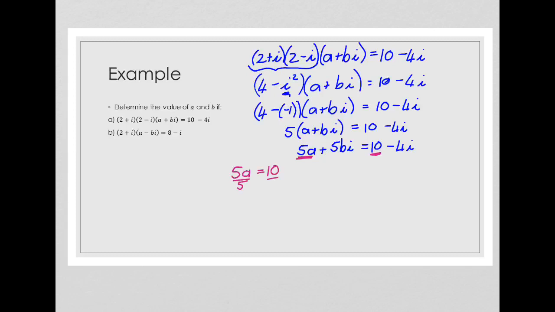I can divide by 5 and a is then equal to 2. In the imaginary part of these two expressions, I have that 5b is then equal to negative 4. Divide by 5 and I get b is negative 4 over 5.